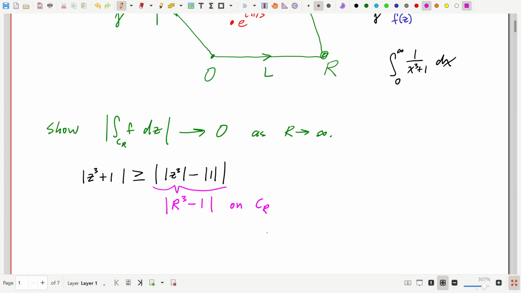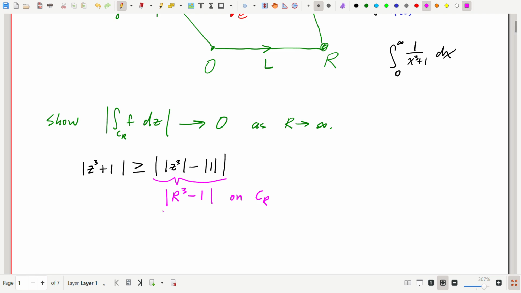And if r is bigger than 1, then this is r cubed minus 1 when r is bigger than 1. So what I get is that this is greater than or equal to r cubed minus 1 when r is bigger than 1.